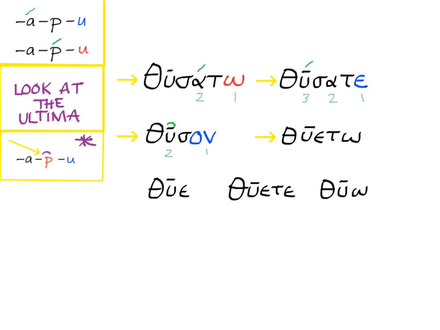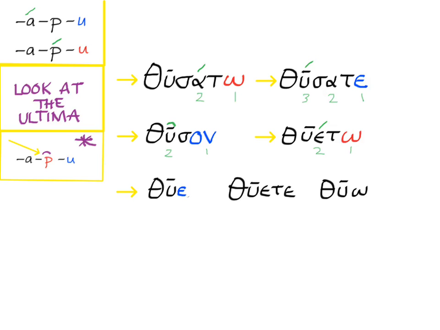With thueto, which is another way to say let him or her sacrifice, the last syllable is long, so we count back 1, 2, and put an acute over the second to last syllable, thueto.